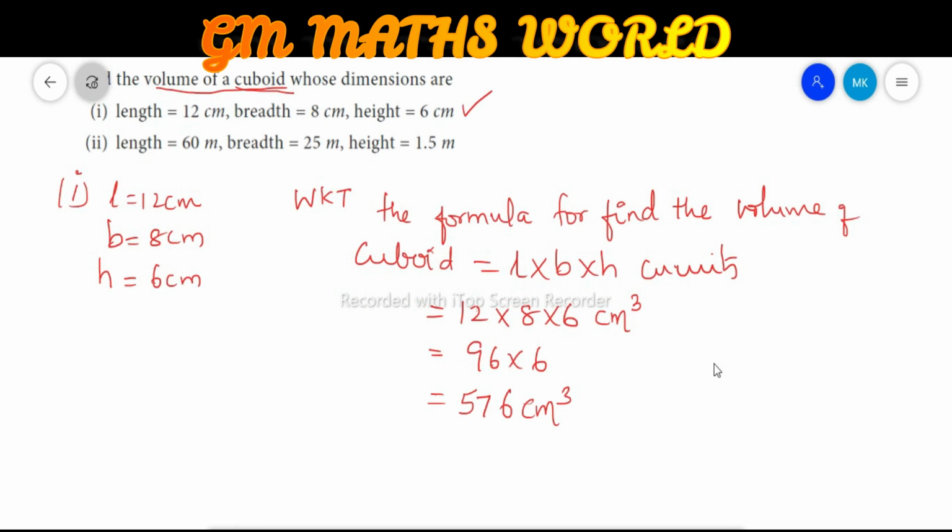And the second problem is length equal to 60 centimeter, breadth is 25 meter, and the height is 1.5 meter.